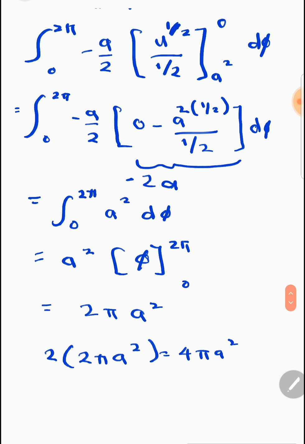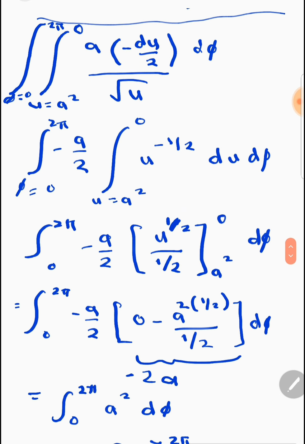Because if you remember, what we have found earlier is of this here. We have the surface of this part here based on the limit that we set, therefore we just multiply by 2 to get the whole sphere here. Again, we have more than one method to do this, so if you have an easier method, please go ahead. So this is method 1.